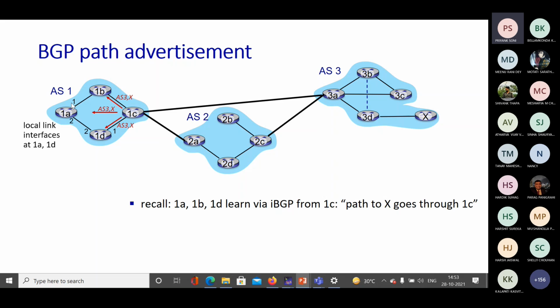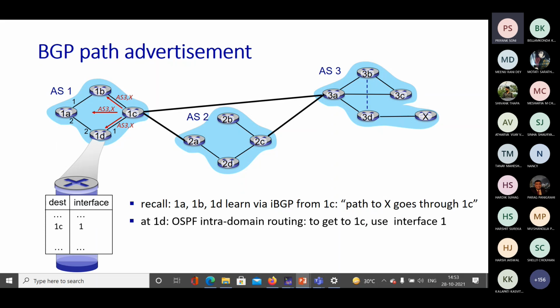Router 1A has link interfaces 1 and 2, and 1D has interfaces 1 and 2 like this. So this is the forwarding table here. So if a datagram needs to go to destination 1C, then the interface is 1.